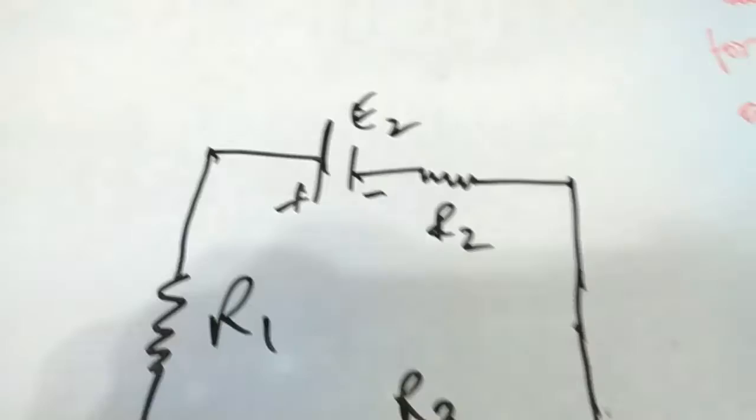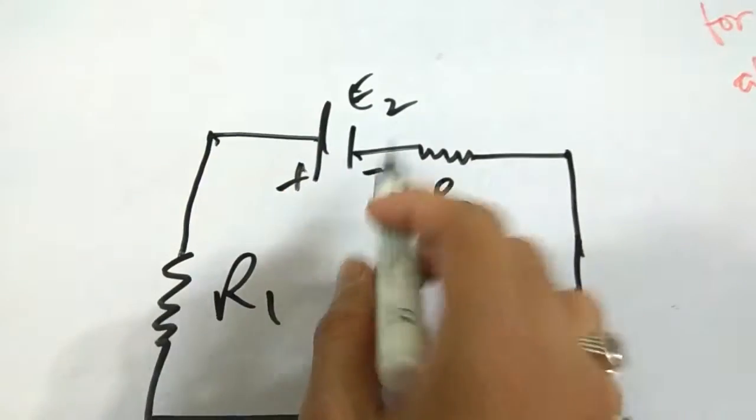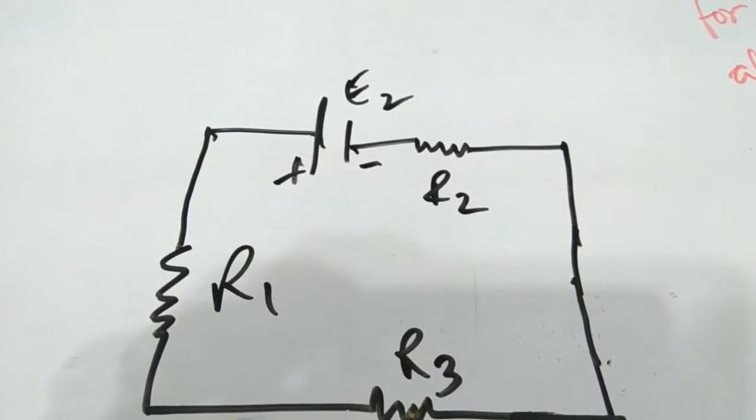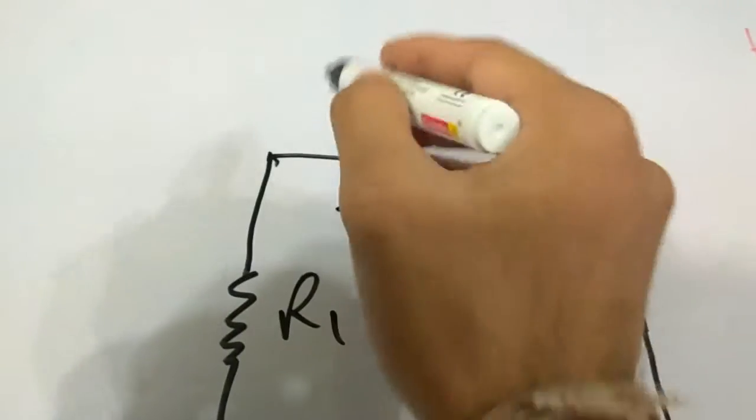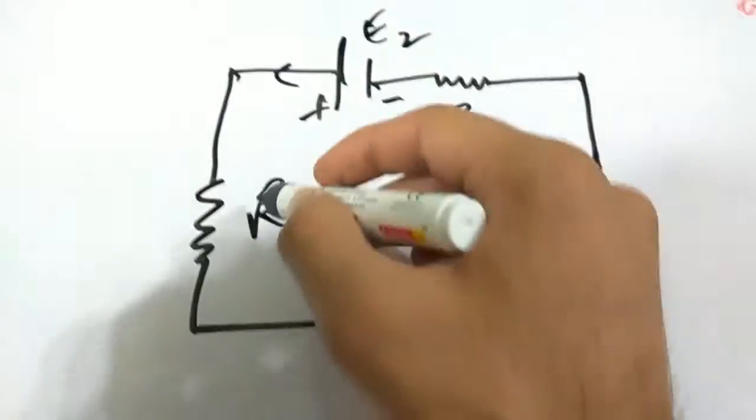So let this be E2. So this is positive and this is negative, and we know that the conventional current flow is from the positive terminal to the negative terminal, and therefore current flows like this.